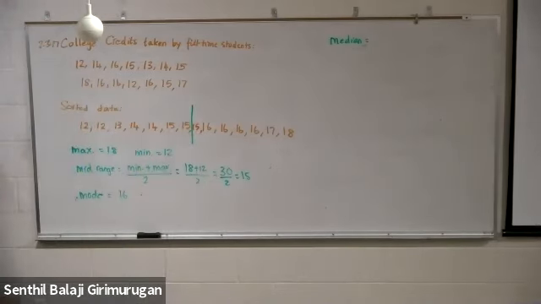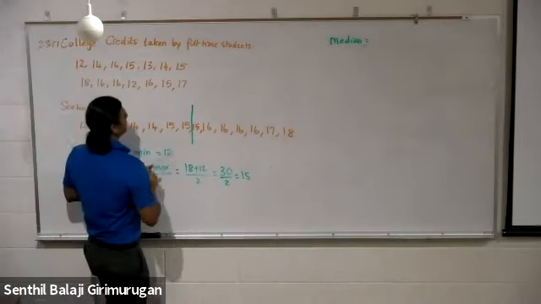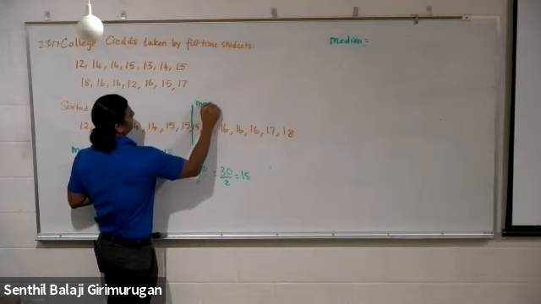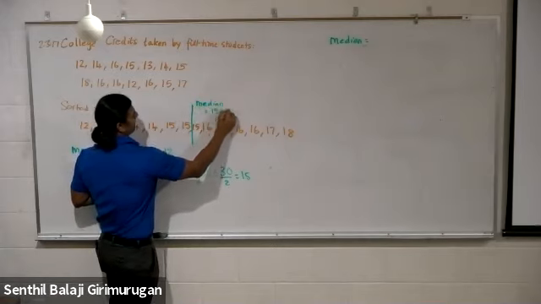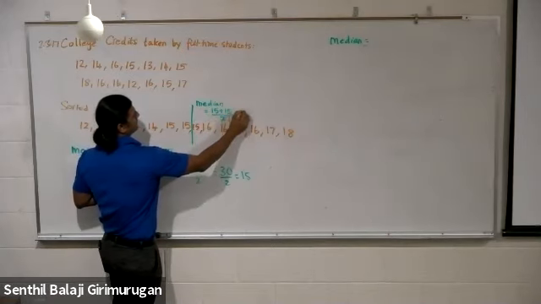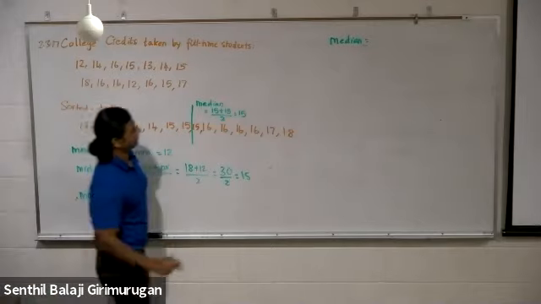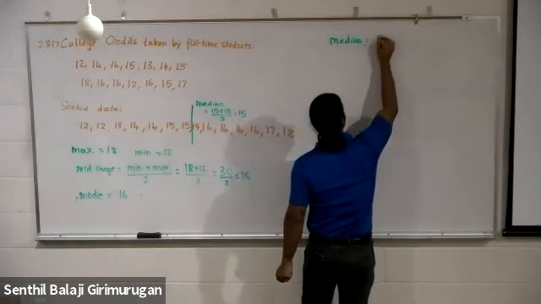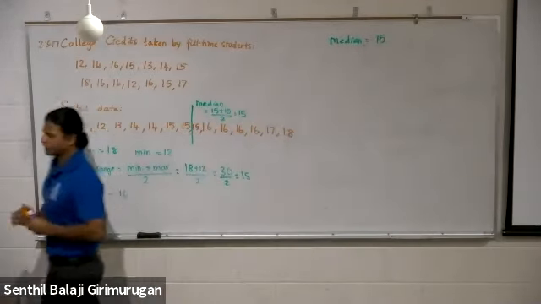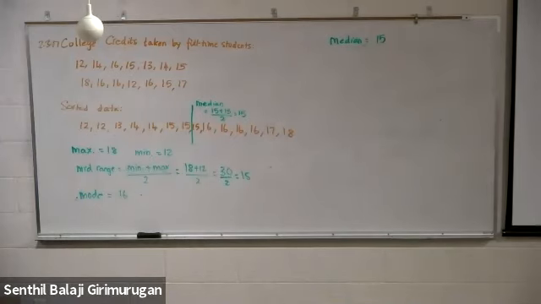There is no number right in the middle, so a reasonable number would be the average of the 2, which is 15. And you can see most of the observations are very close to each other. Even the mid-range is very close to the mode and the median.